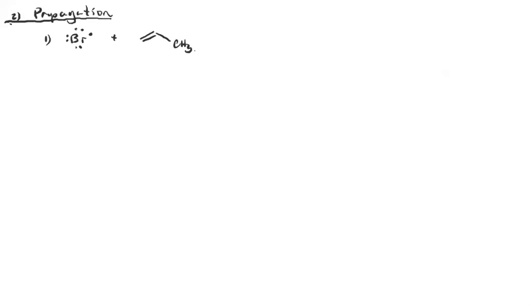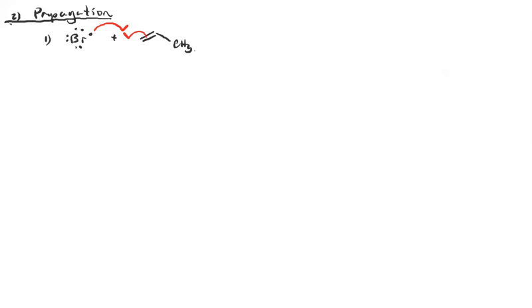And again, the mode of attack is going to be new. It's this single electron pathway. Bromine has 7 electrons around it. It wants to get one more. It can't get that by doing a 2-electron pathway. So what it does is it pulls an electron out of the pi bond to make a C-Br bond.